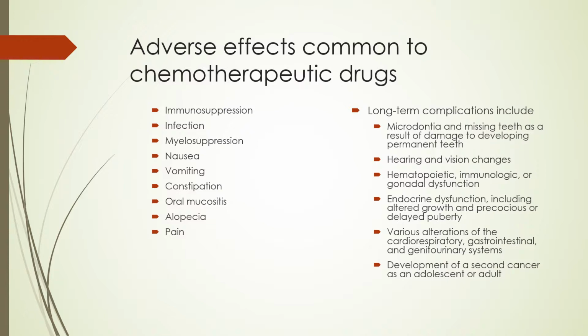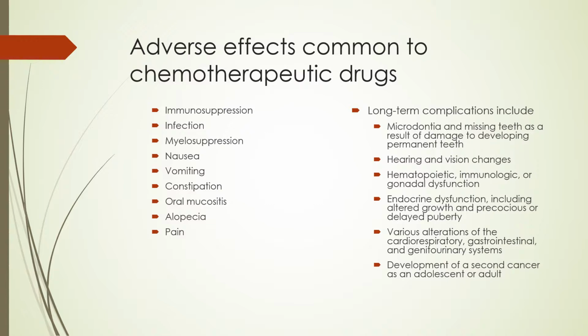Now, when they survive cancer, the long-term effects, especially depending on the age that they get this, are microdontia, meaning that their teeth are smaller or missing, because the permanent teeth don't develop. They can have hearing and vision changes. They can have blood, immunological, and gonadal dysfunction, so it can affect their ability to get pregnant.